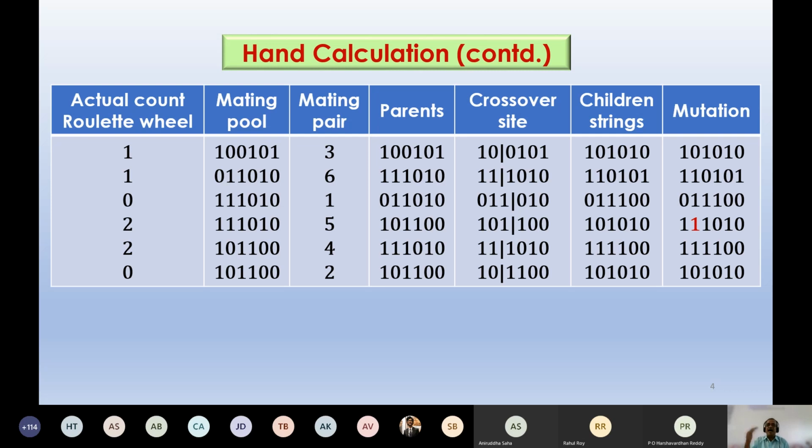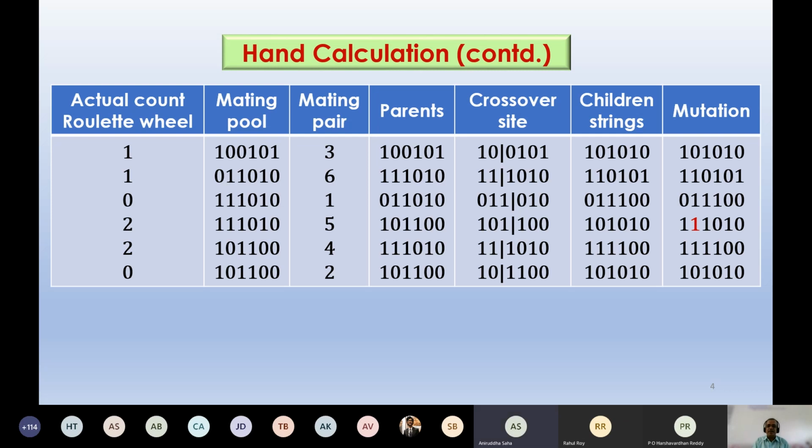Generally it is taken as a high value, like 0.8, 0.9. If it is 0.8, that means 80% of the mating pairs are going to participate. So 50 multiplied by 0.8 is 40. On average, 40 pairs are going to participate in crossover out of 50.